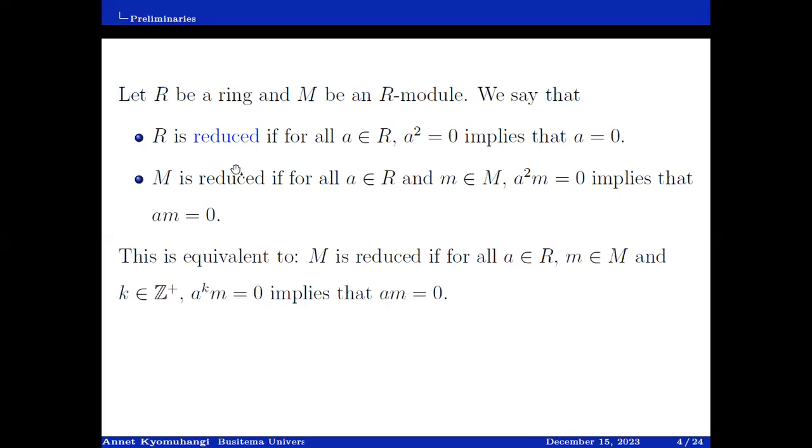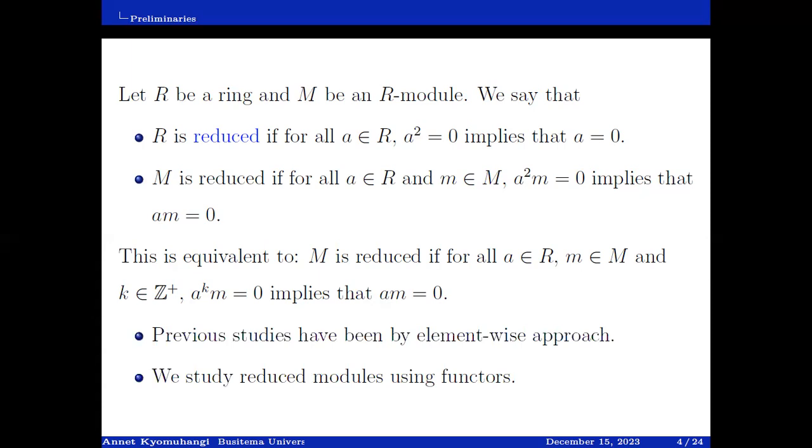This is equivalent to saying that for positive integers k, A^k m equal to 0 implies that Am is equal to 0. So you can use these two interchangeably.